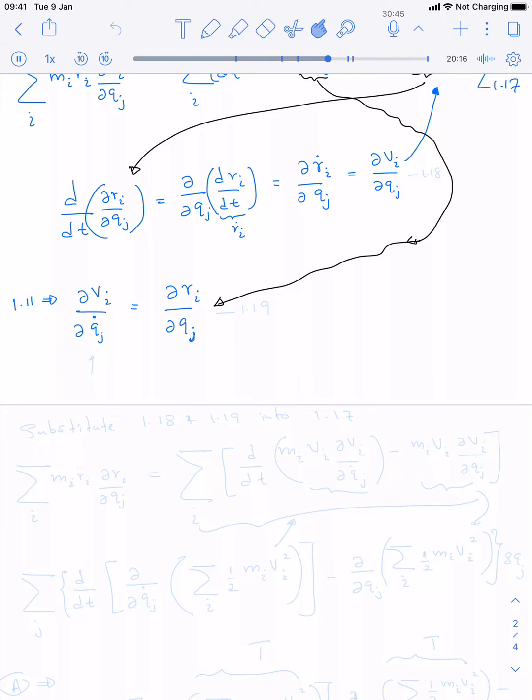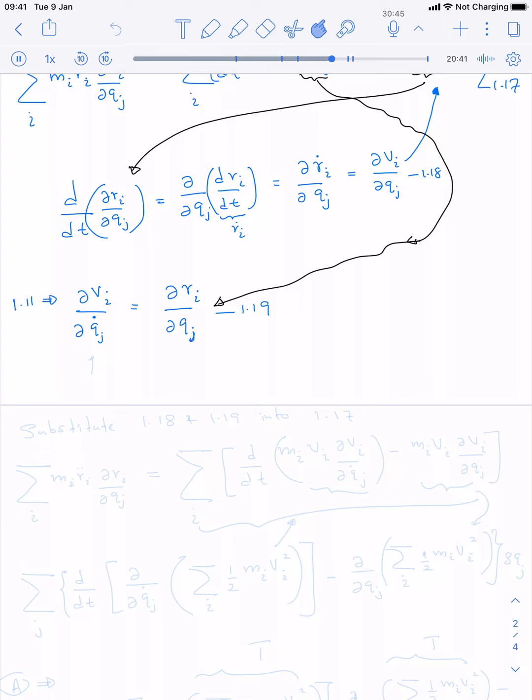So instead of ∂ri/∂qj, I can substitute ∂vi/∂qj dot. Right? Let me take this as 1.18 and this as 1.19, and plug those two values into 1.17.